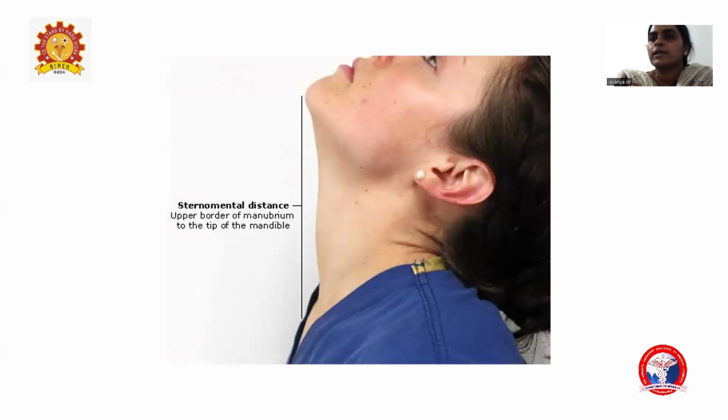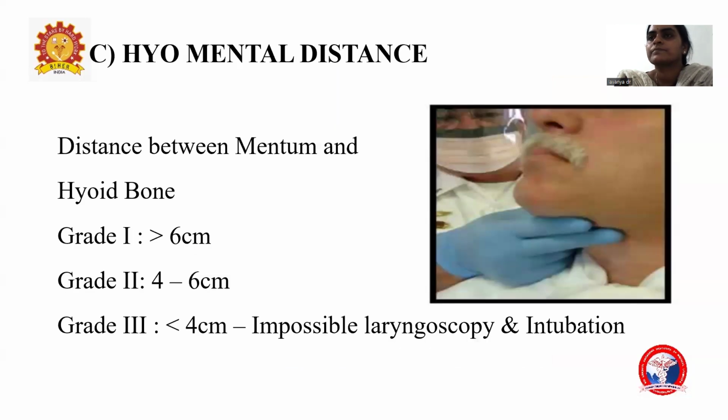This is the normal sternomental distance, which is around 12.5 centimeters, measured from the manubrium sterni to the mentum when the neck is fully extended with the mouth closed.